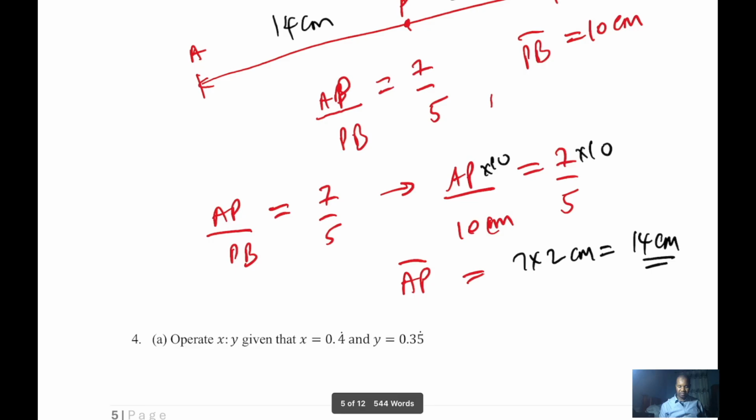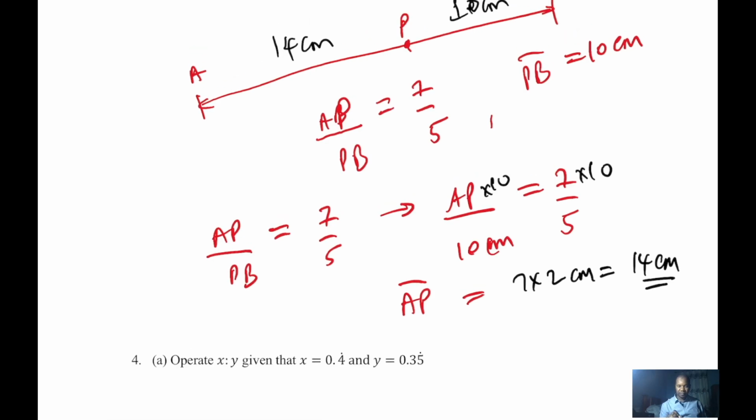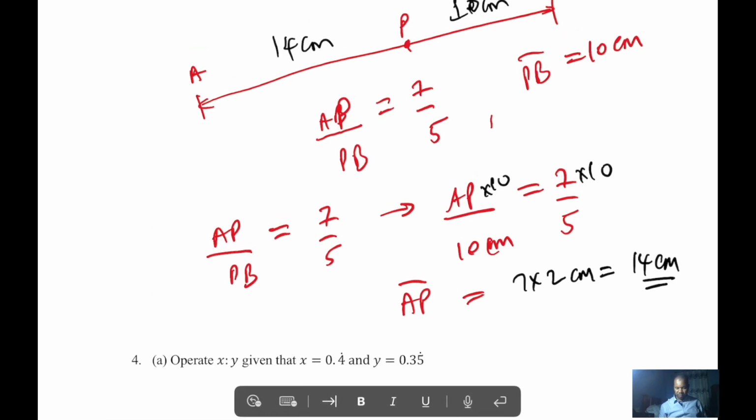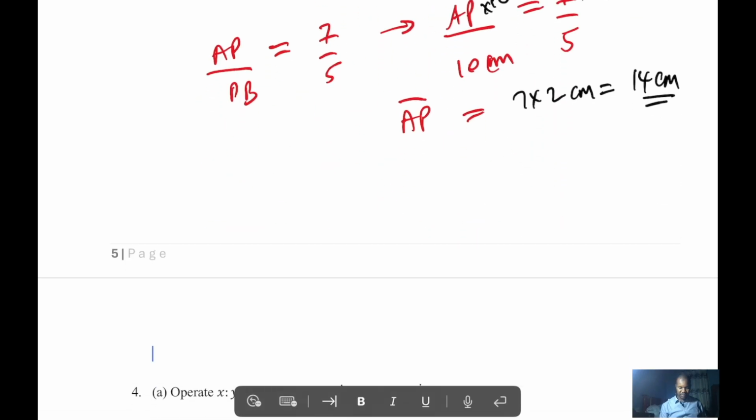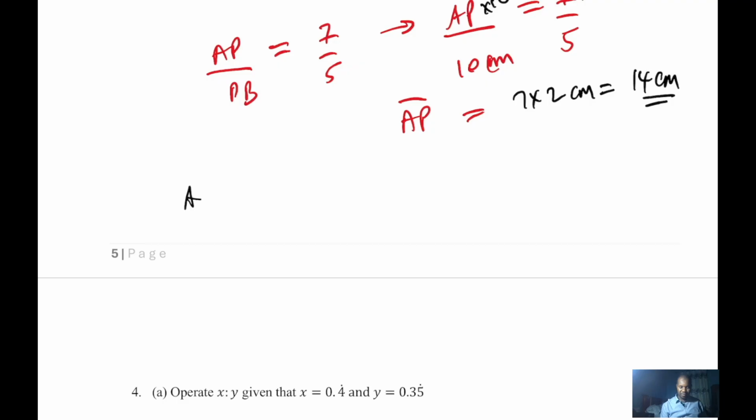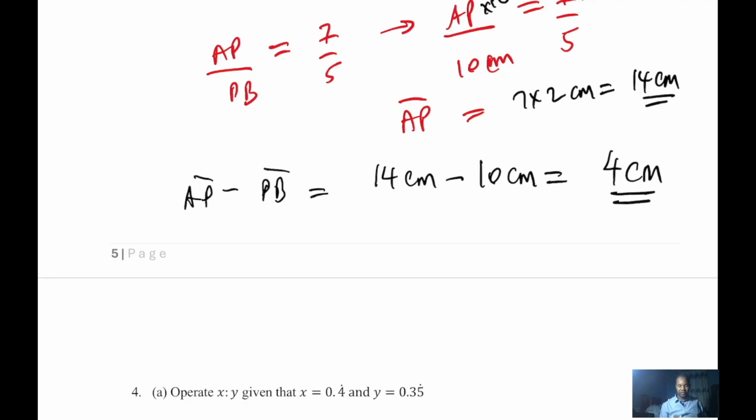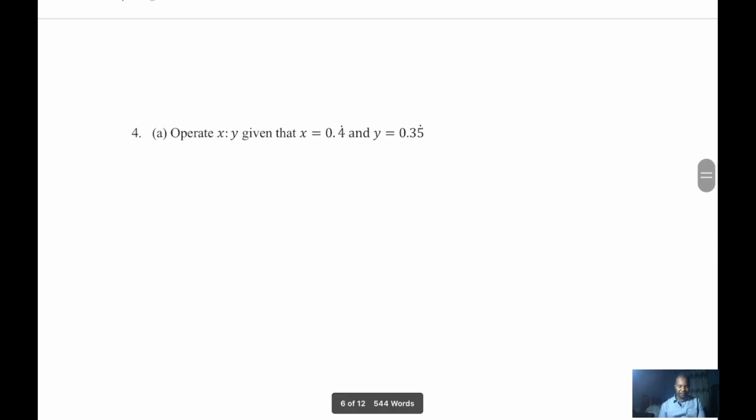So the difference between these two sides, taking AP minus PB, you take 14 centimeters minus 10 centimeters, and eventually you get 4 centimeters. So the difference we were looking for is 4 centimeters, dear students.